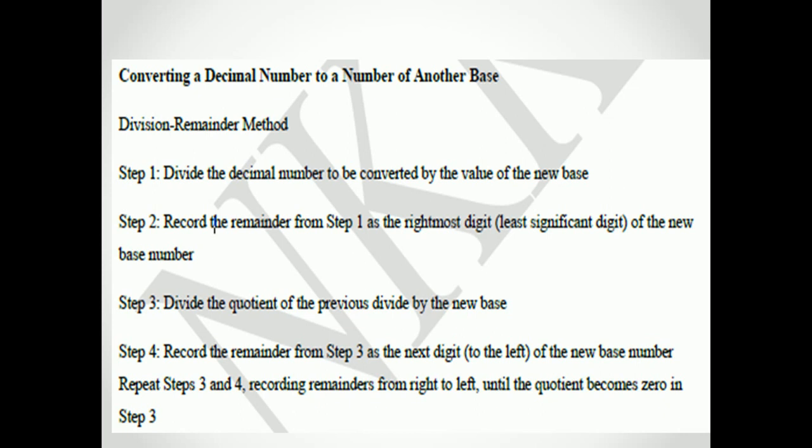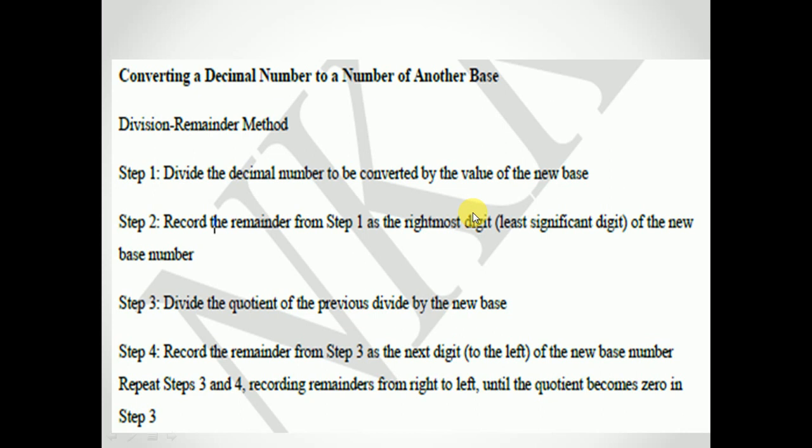In step 3, again you have to divide the quotient. The quotient will come down, and it will be divided by the new base, the same base again. If it is 2, again here it is 2. And again you record the remainder from step 3, and it will come to the left-hand side of this number.